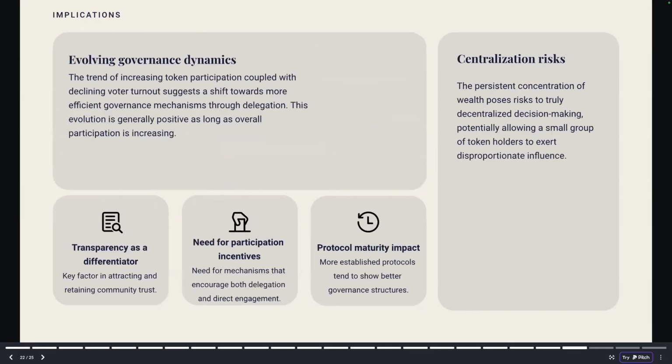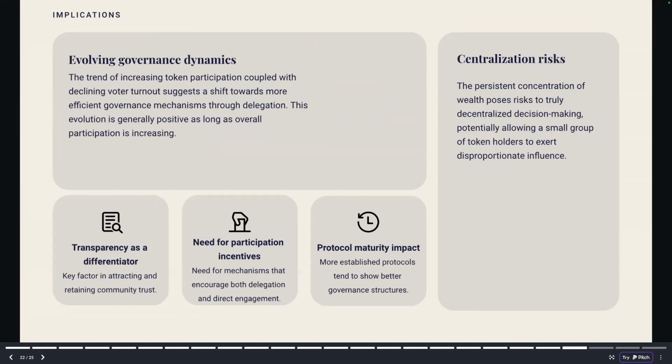The implications are that there are significant centralization risks. The persistent concentration of wealth poses risks to the system itself. There's a trend of increasing governance participation, with declining voter turnout, most likely through delegation.